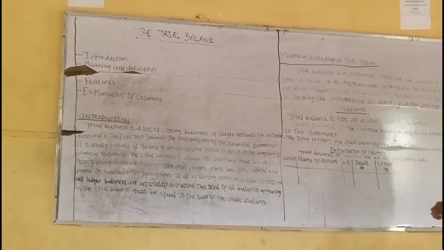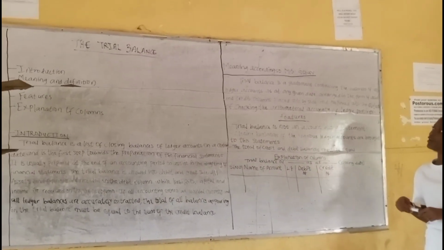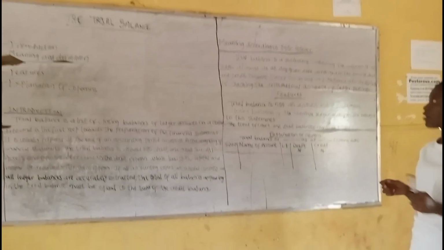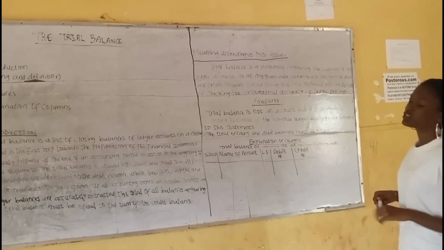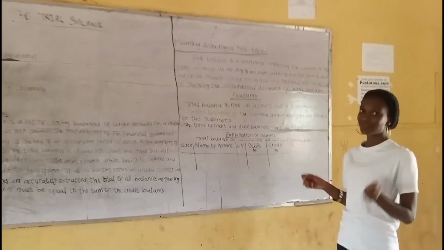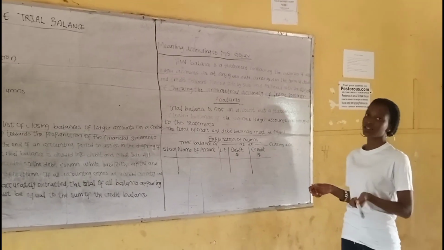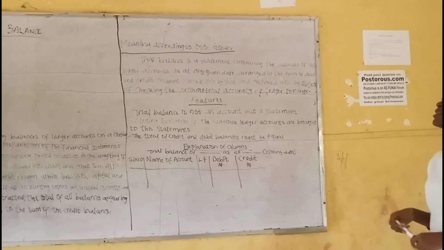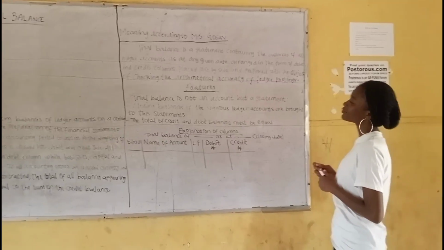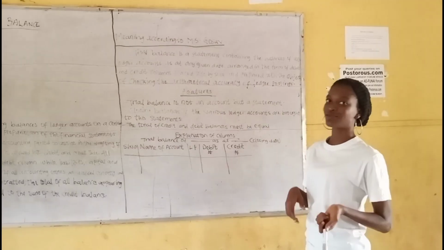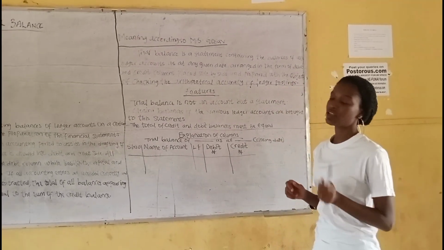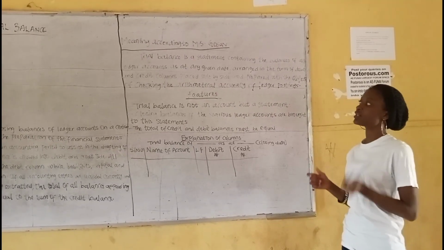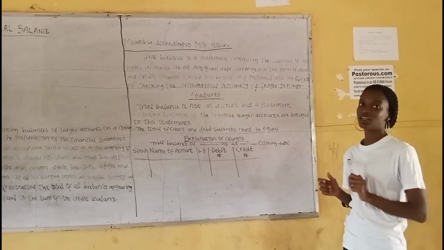So the meaning and definition, according to MS Gozal, defines trial balance as a statement containing the balances of all ledger accounts at any given date, arranged in the form of debit and credit columns, placed side by side, and prepared with the object of checking the arithmetical accuracy of ledger positions.